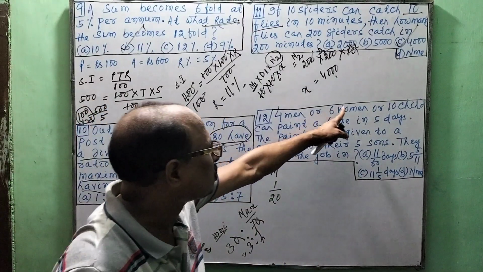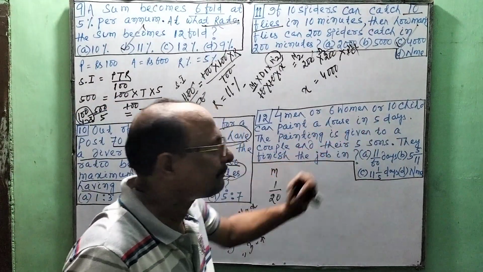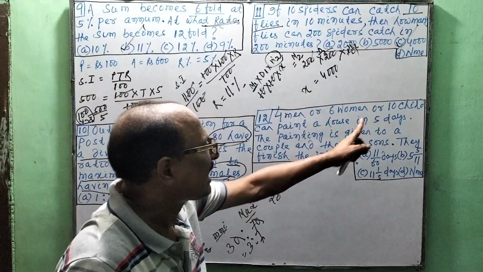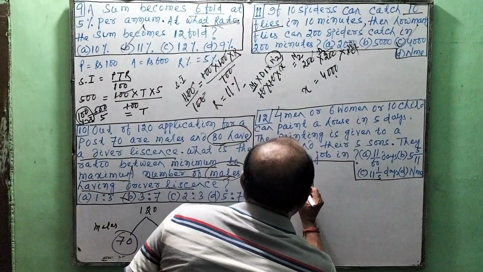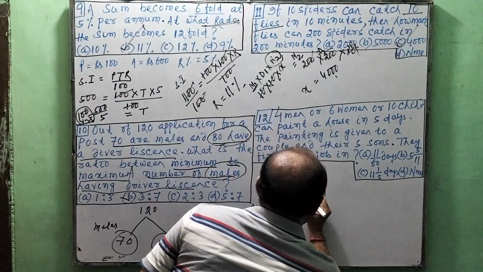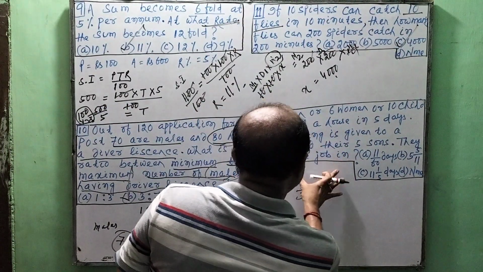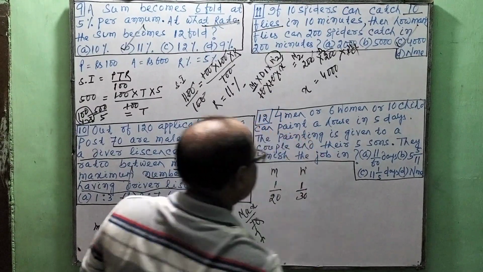Next, 6 women can do it in 5 days, 1 woman in 30 days, 1 day work is 1/30. So this is the female.